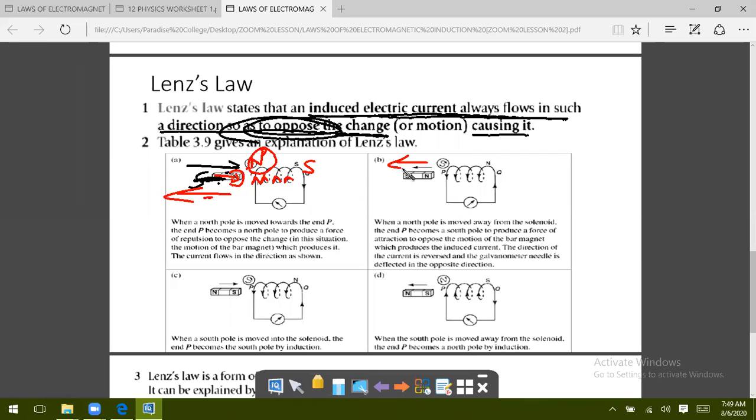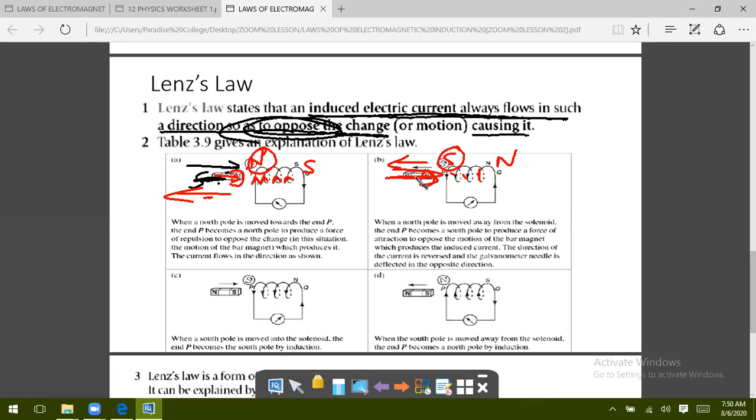So the magnet is going to move in and out. Once that happens, current will continue to change its direction. When current changes its direction, that is basically fulfilling Lenz's law. And that is the second law that we have.